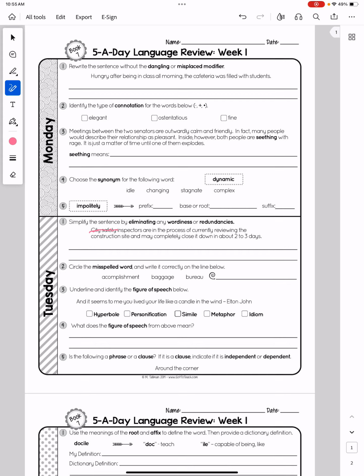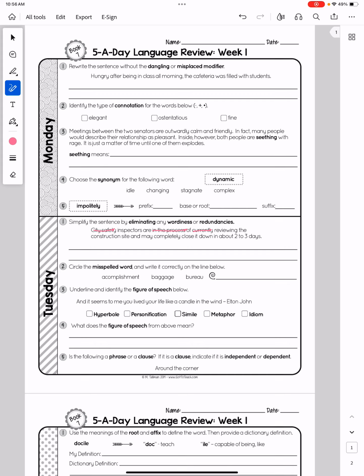You don't have to say "in the process of," because anytime something's currently happening or being reviewed, it's understood that it's in the process of. And you probably want to eliminate words like "about." Just say 2 to 3 days. City or inspectors, or currently reviewing, or you don't even need currently, you could get rid of that too.